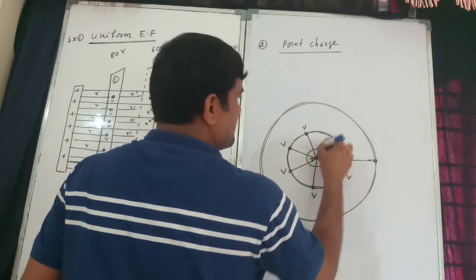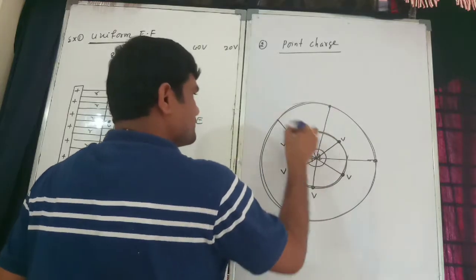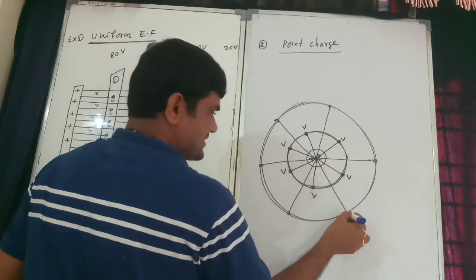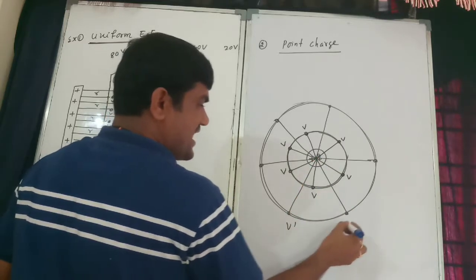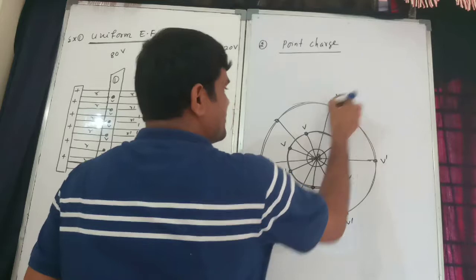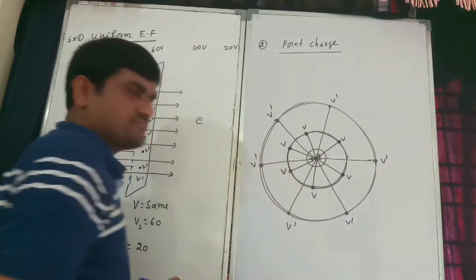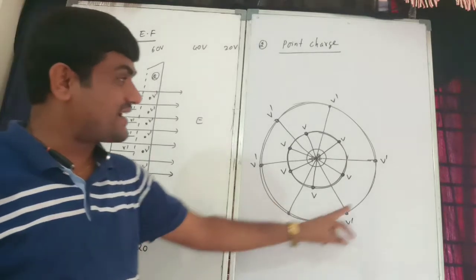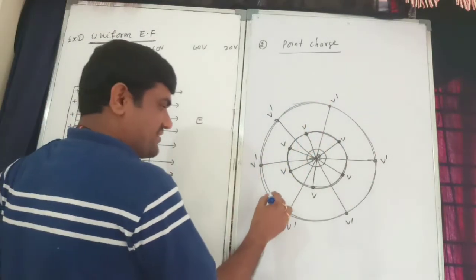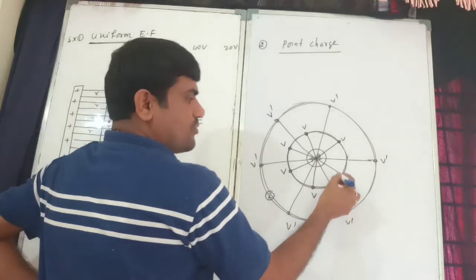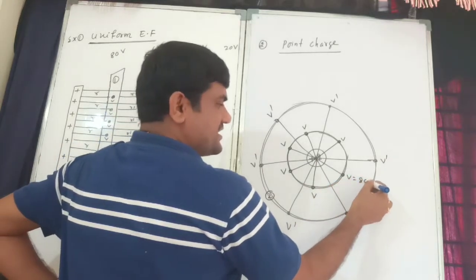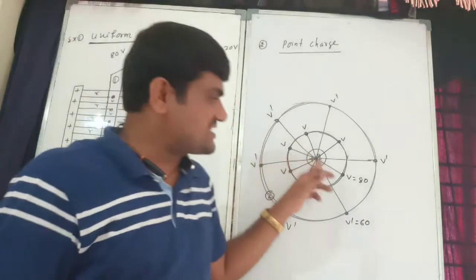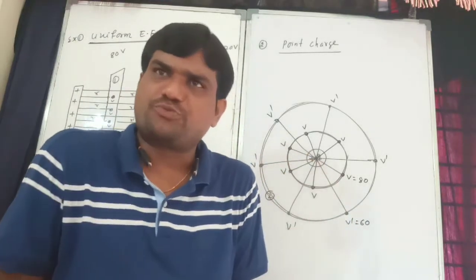Now wherever you see at this point, same radius. Here on the second circle the potential is V dash, V dash, and V dash. So this is the second surface. For example here I will take 80, and here how much will I consider? 60 volt will come. So as the distance increases, the potential should decrease.